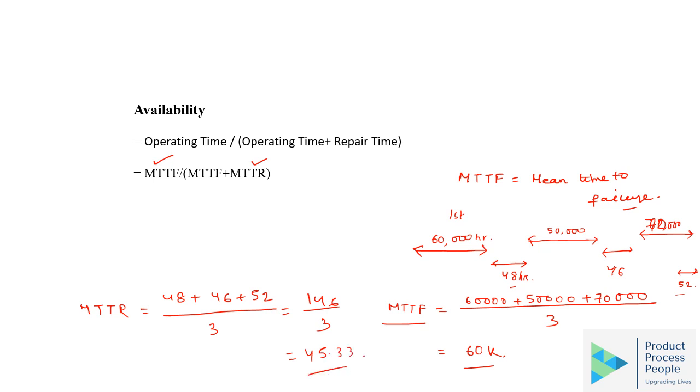Okay. So this will be your mean time to repair. So if you want to calculate the availability, on the top it will obviously be 60K divided by 45.33 plus 60K. So this will be your availability here. So this is another way of calculating the availability.